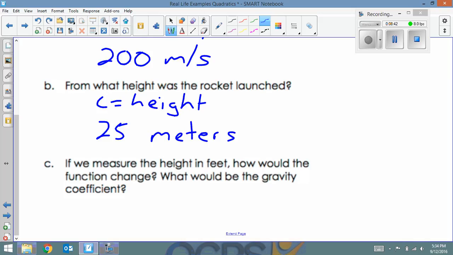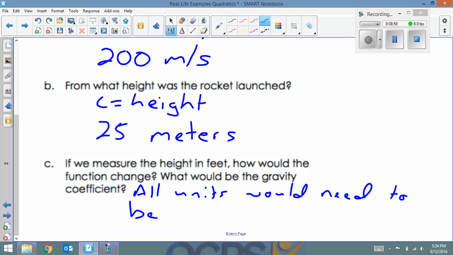It says if we measure the height in feet, how would the function change? Well, that means that all units would need to be in feet. And then it says, what would the gravity coefficient be?